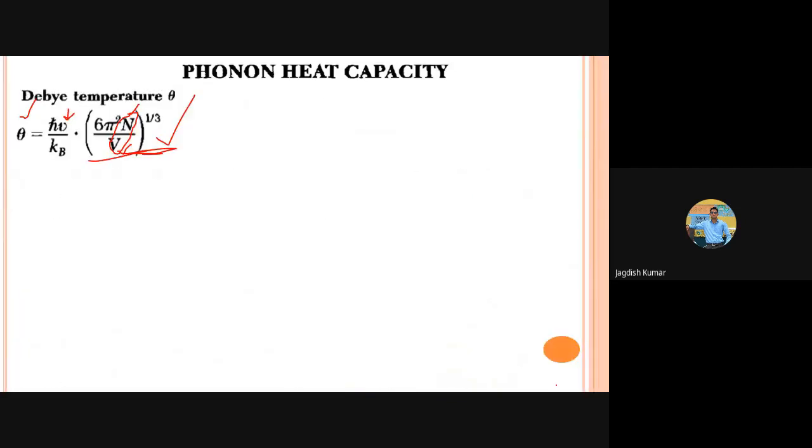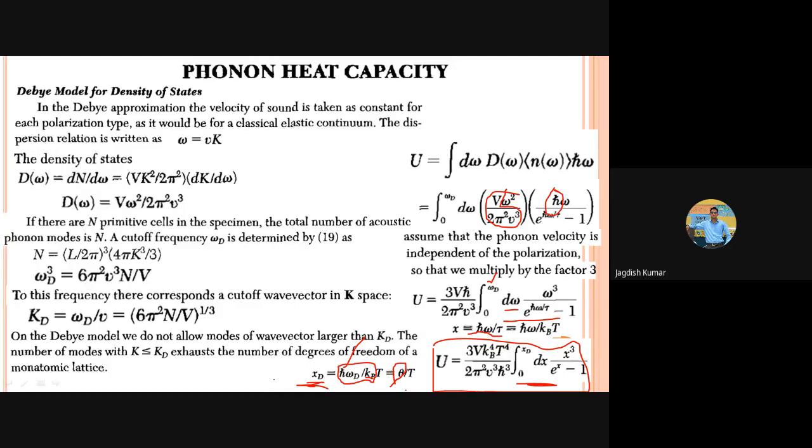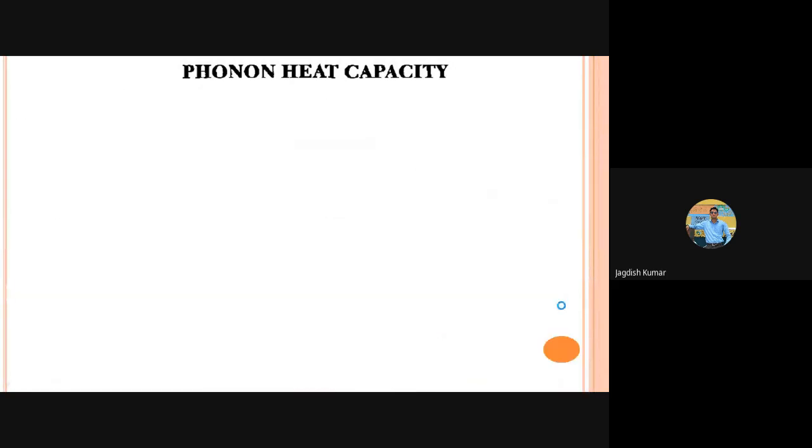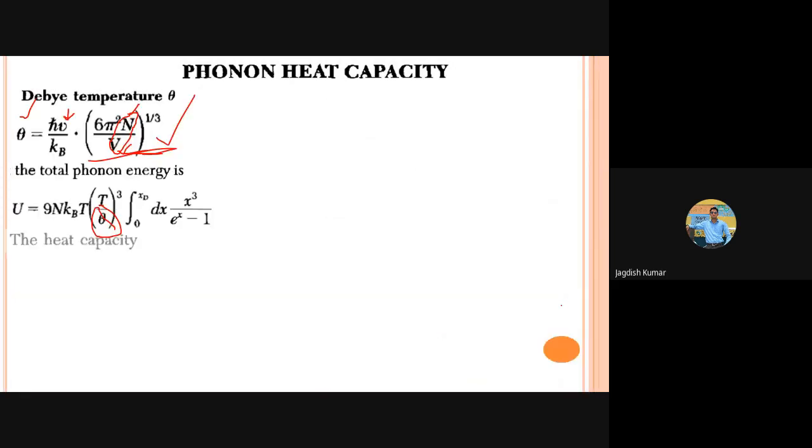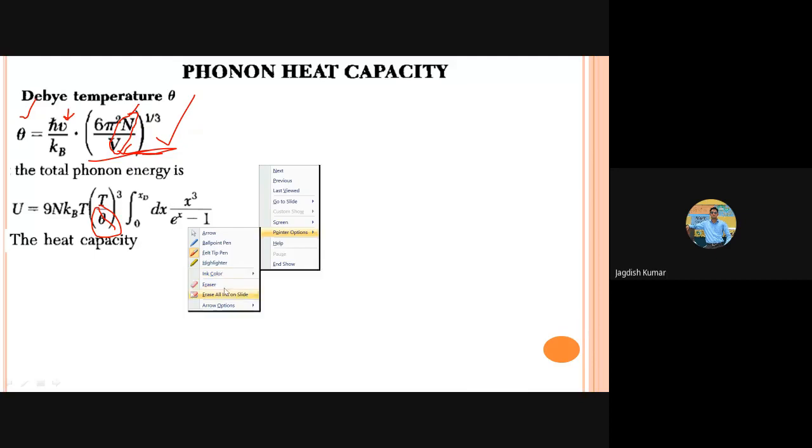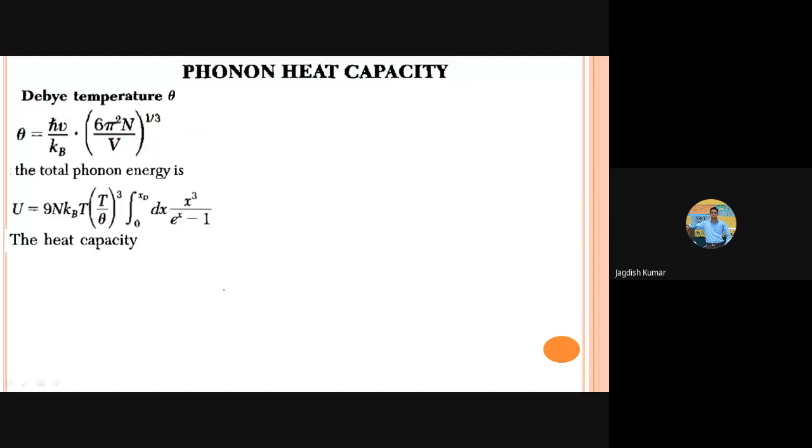Now we have replaced things in terms of the Debye temperature, theta D. In this integral we don't have theta, but in the next integral we have brought in theta. This is just a simplification in terms of theta, and I'm sure you can arrive at this.